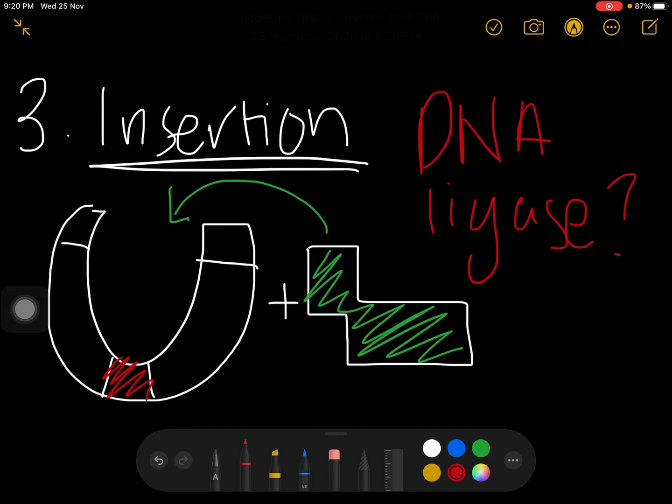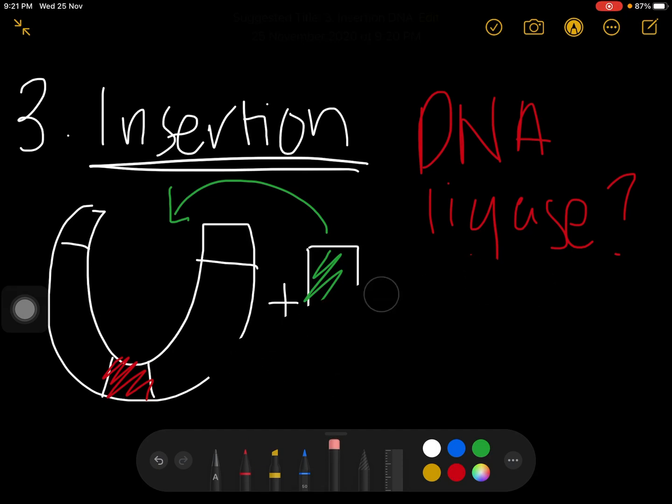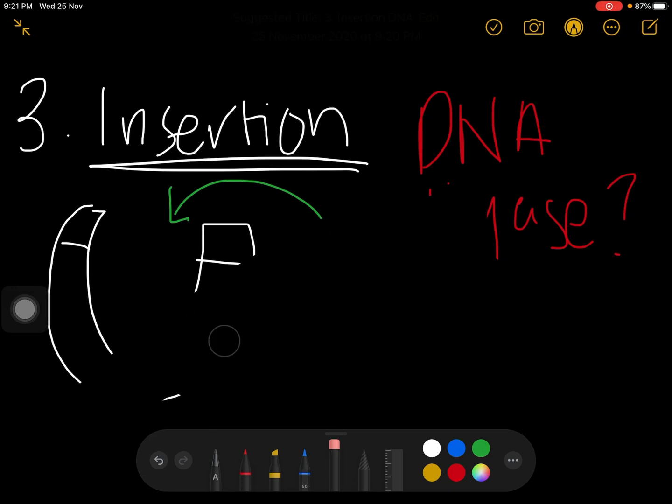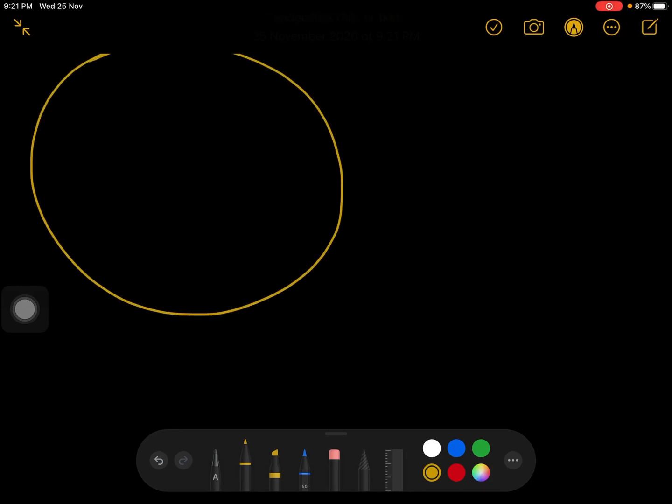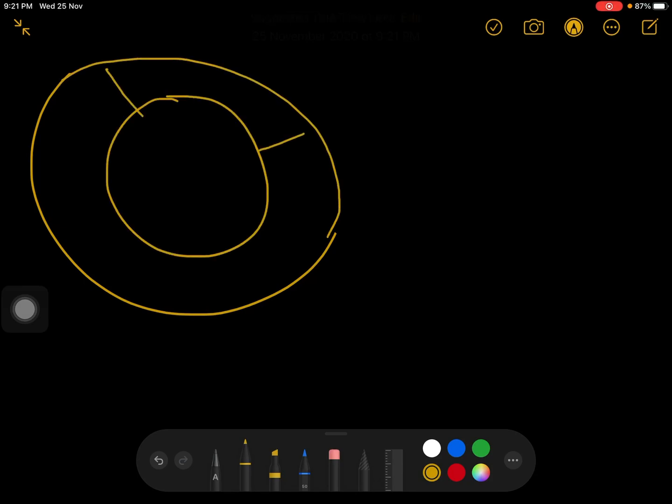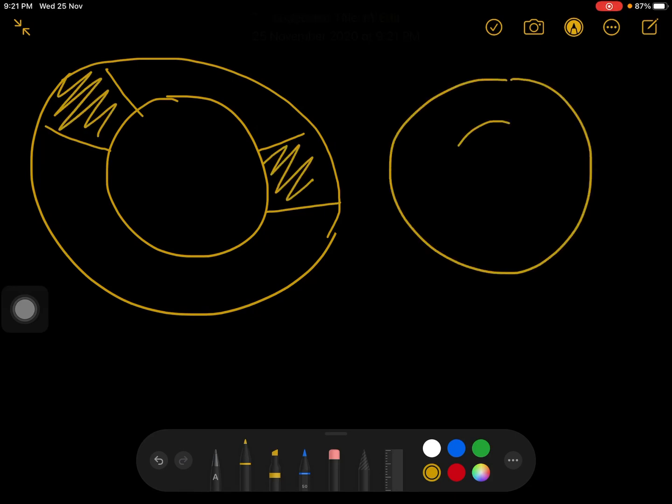As a result, you will get a recombinant plasmid and a non-recombinant plasmid, like this.